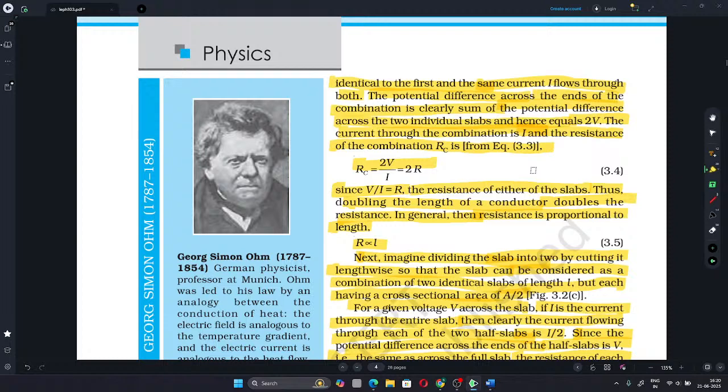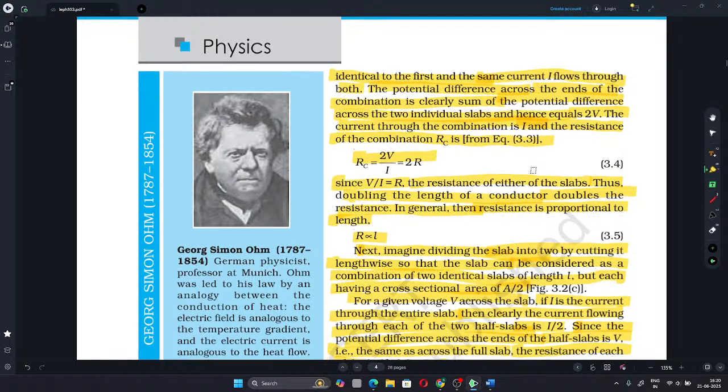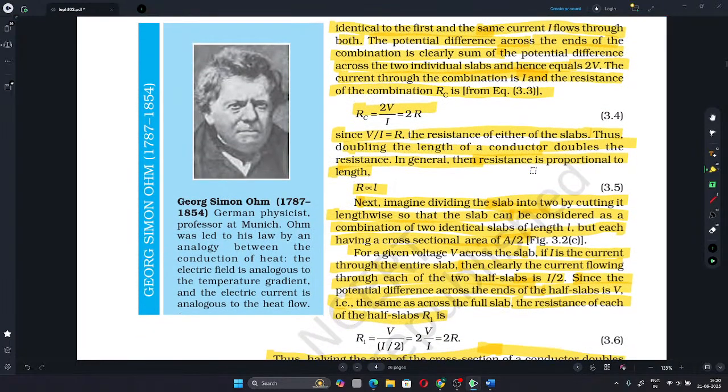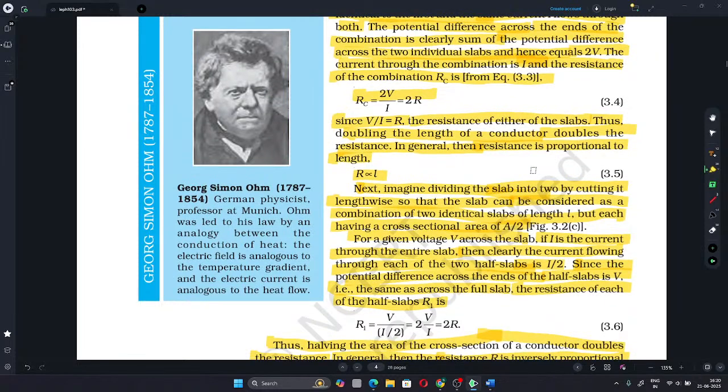Next, imagine dividing the slab into two by cutting it lengthwise, so that the slab can be considered as a combination of two identical slabs of length L, but each having a cross-sectional area of A by 2, which is half of the original area. For a given voltage V across the slab, if I is the current through the slab, the current through each of the two half slabs is I by 2.